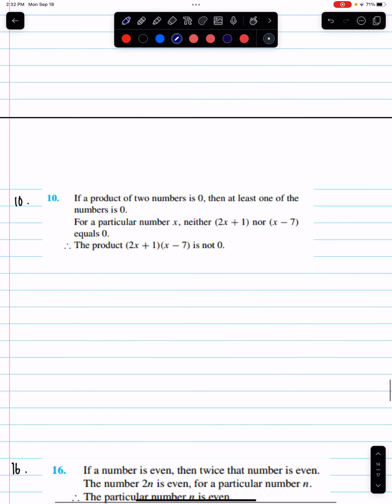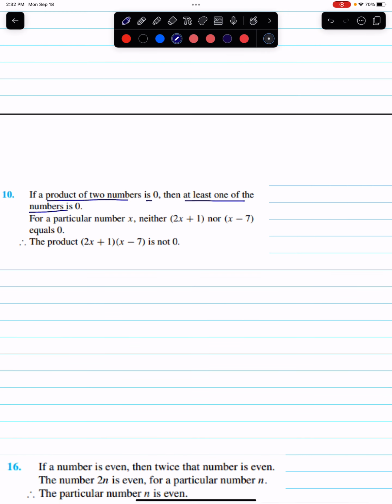Alright, next. If a product of two numbers is 0, then at least one of the numbers is 0. Right, so this explicitly says P then Q. So they say, for some particular number x, neither 2x plus 1 nor x minus 7 equals 0. So they tell us not Q. Neither of these is 0. You told me at least one of them would be 0, right?